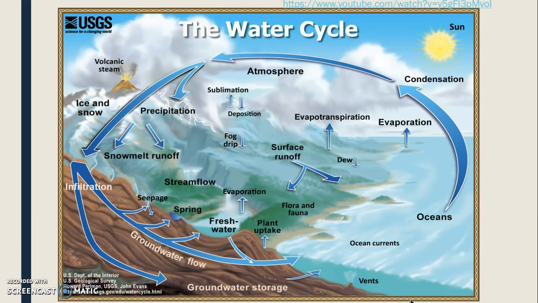Now looking, we have our water cycle image. You'll notice there's a link, so please do watch that on your own time. This is the water cycle. This should not be anything brand new. We should just be looking at it more with an ESS perspective.